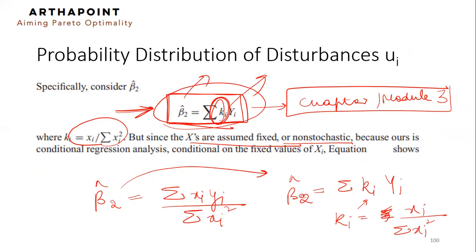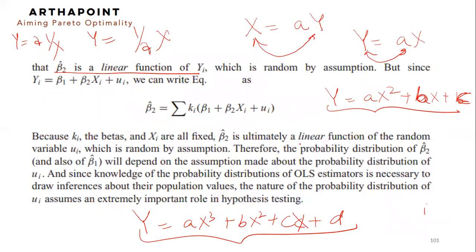So, here I understand that beta 2 hat is a linear function of yi, which is random, definitely, because y is random, because y has two parts to it. Yi is actually E of y given xi plus ui. This itself is random in nature. The errors are random, and that generates yi to be random, right?